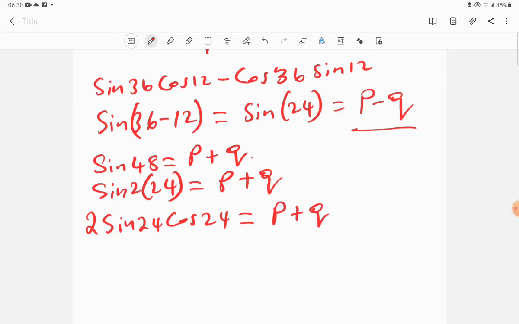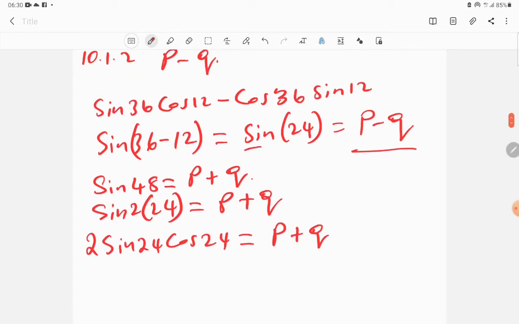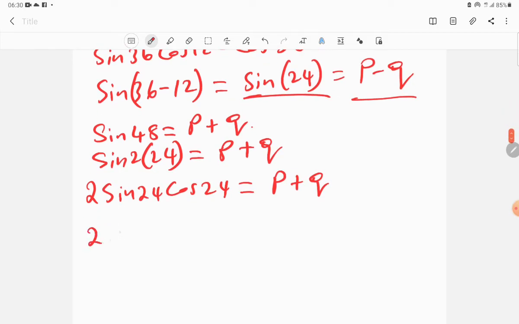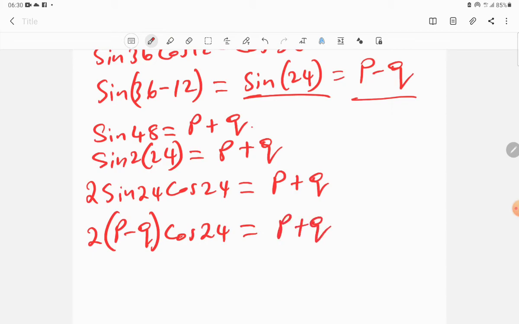But don't forget that we already know what sine 24 is equal to. So you are having 2 times sine 24, which can be represented as P minus Q, then times cos 24, which is equal to this thing on the other side.